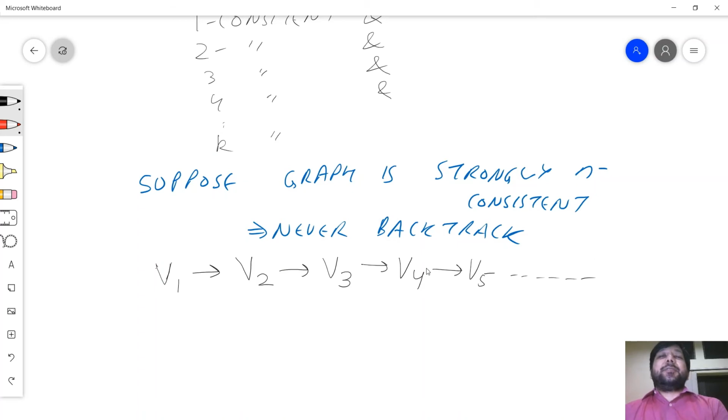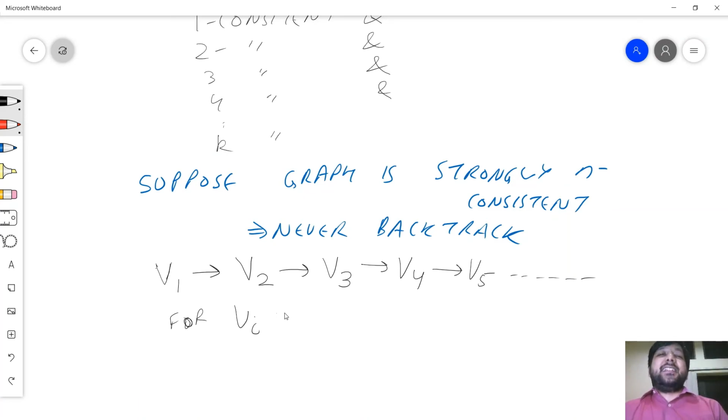Because to do this, all the time that you require is, for vi, you still have to check for the constraints. So there is one value possible, but you have to find which of the values in the domain is possible.